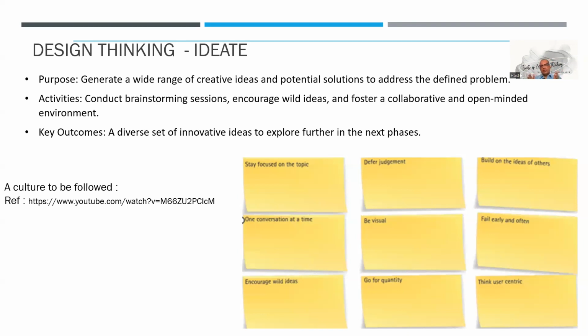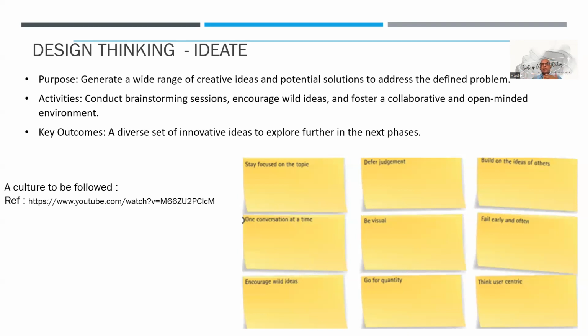Deferred judgment. What it means is that one should not provide judgment on one's ideation or creative thought. Patience has to be there to acquire more and more ideas.